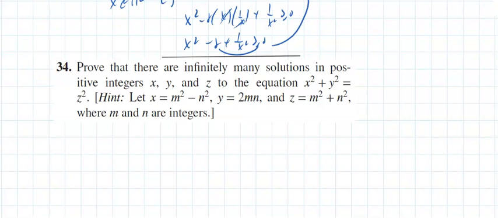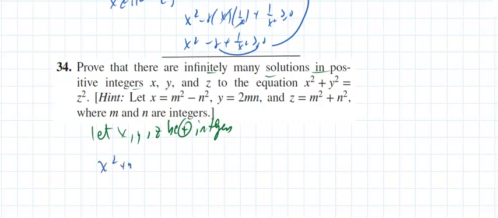Prove that there are infinitely many solutions in positive integers x, y, and z to the equation x squared plus y squared equals z squared.